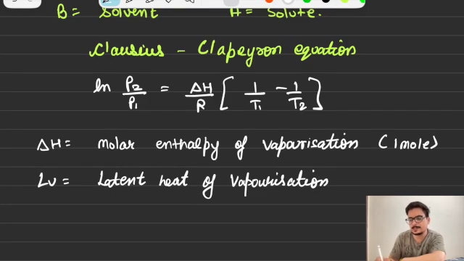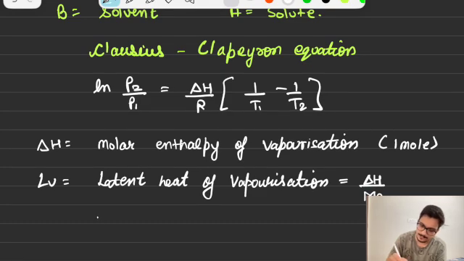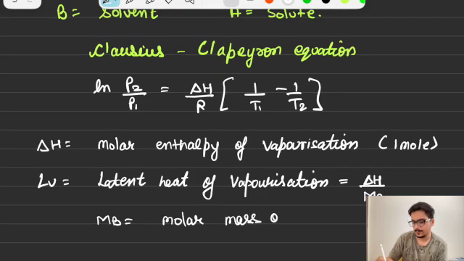Latent heat of vaporization is defined for 1 gram of solvent. So it would equal delta H, which is for 1 mole, divided by MB, where MB is the molar mass of the solvent.